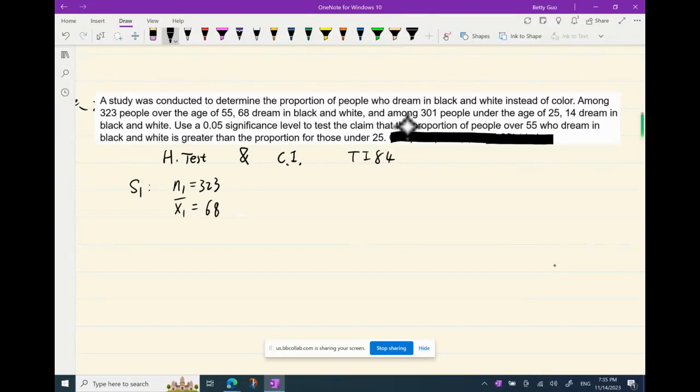Keep reading. Among 301 people under the age of 25, young people. So I would say that's sample 2.